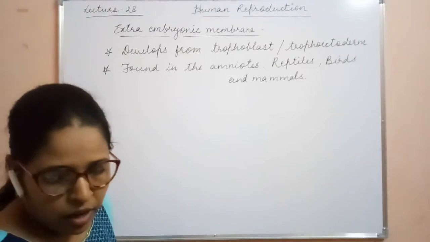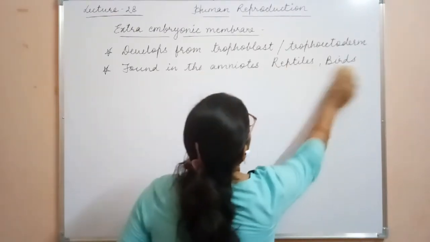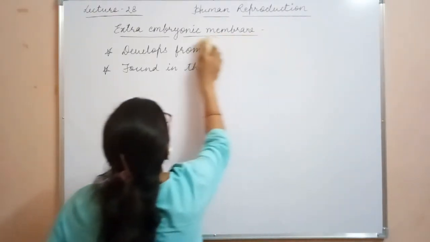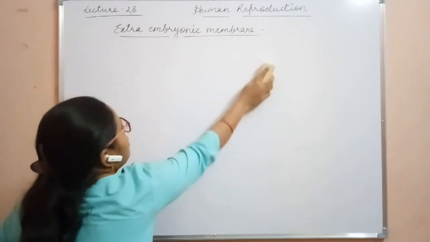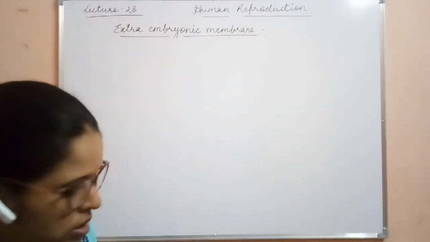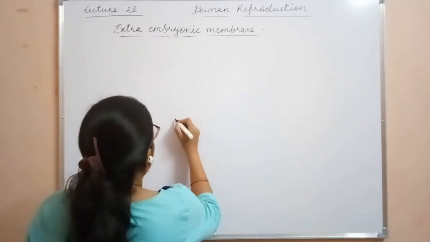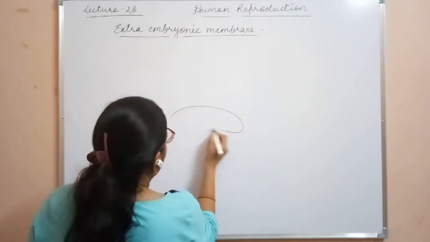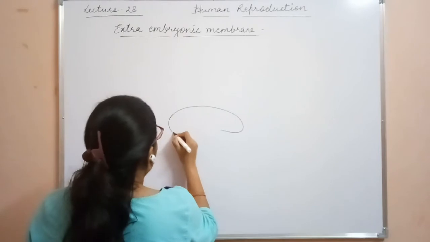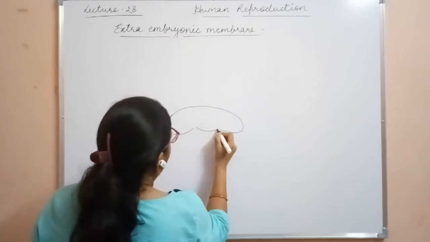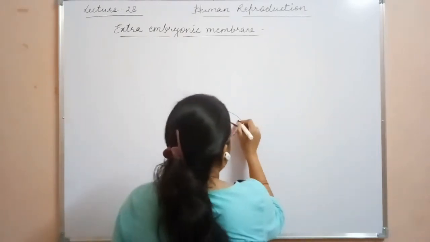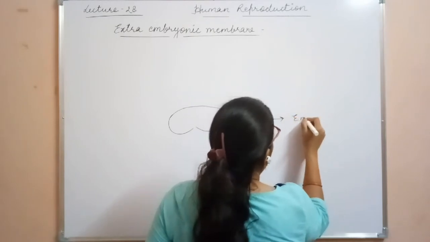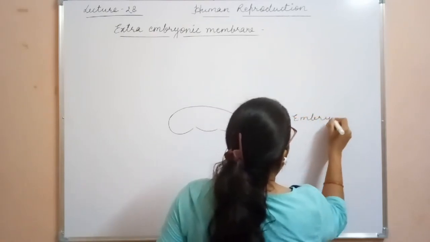Suppose this is the embryo. I am drawing the embryo, and I will label it as embryo.